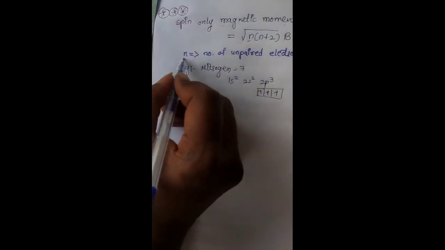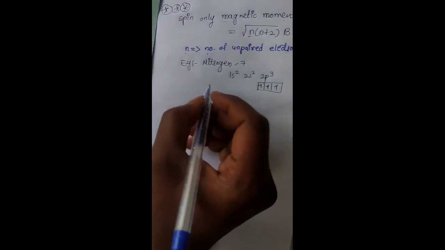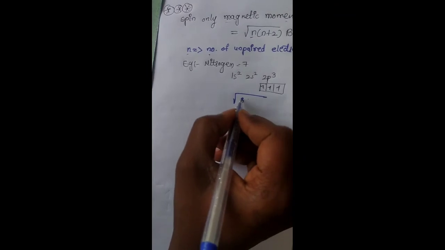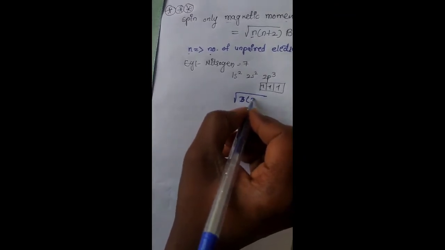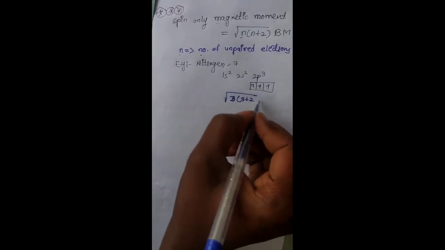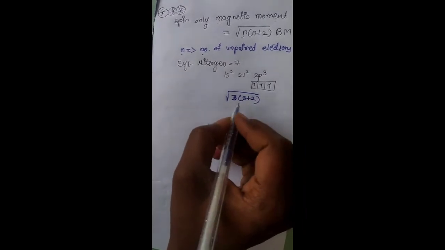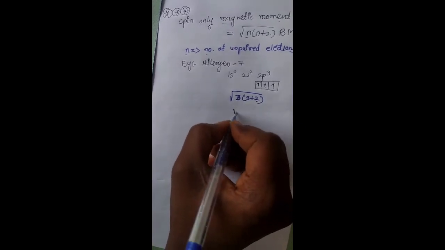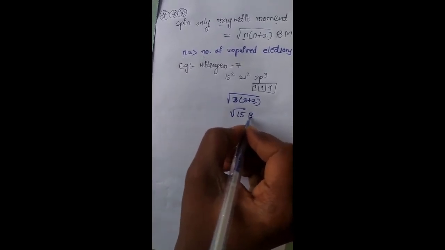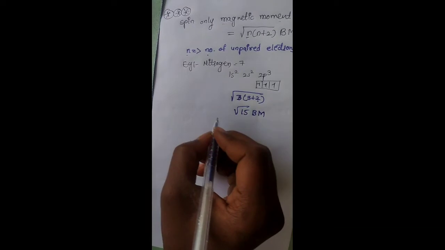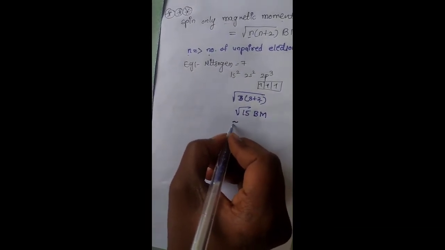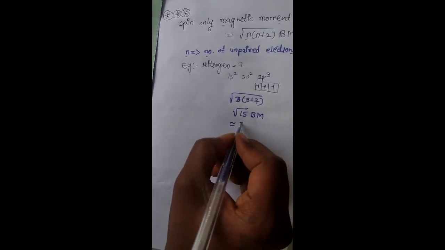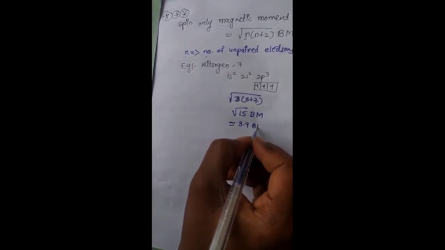So here we substitute n is equal to 3. So under root 3 into 3 plus 2, that is 3 into 5, which is under root 15 Bohr magnetons. Approximately, taking under root 16 as 4, we will take it as 3.9 Bohr magnetons.